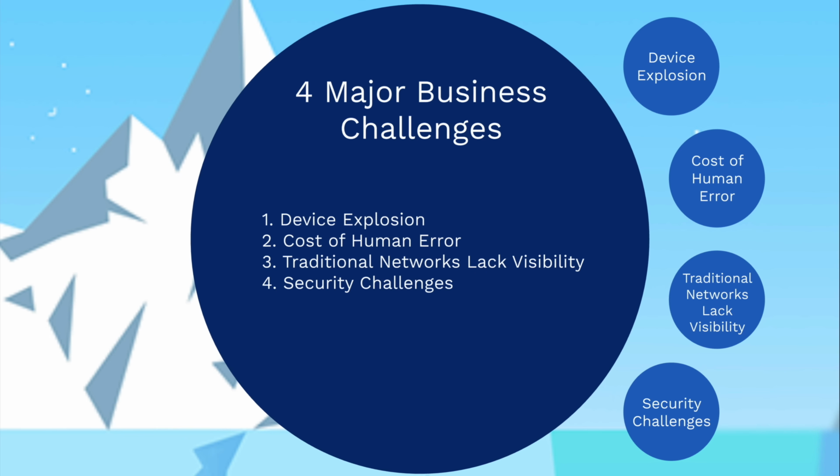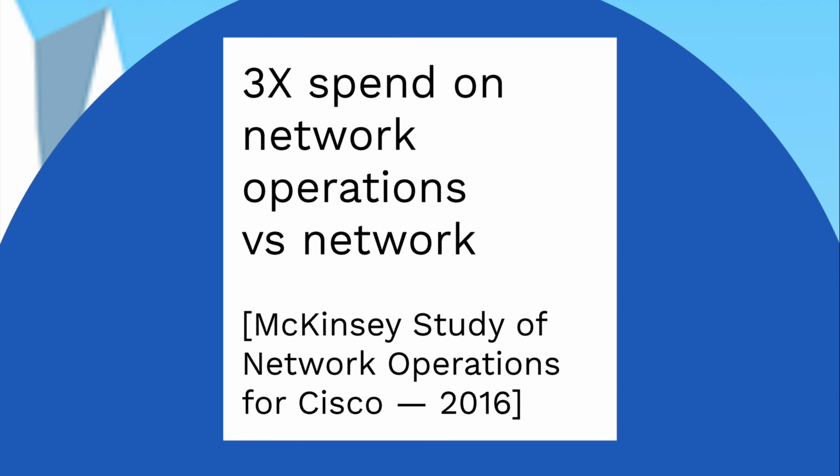The second major issue is the cost of human error. What do I mean by that? According to a McKinsey study performed back in 2016 for Cisco, McKinsey is a very reputable consulting firm, and according to them, most of the companies spend 3 times the amount of money on maintaining the operations of their network as compared to buying the network gear.